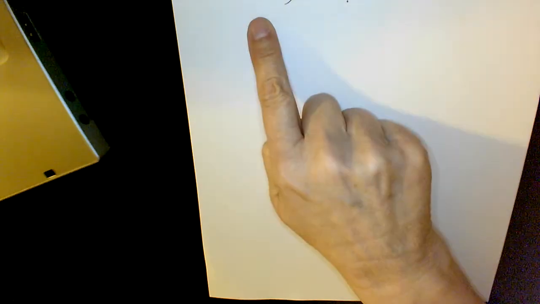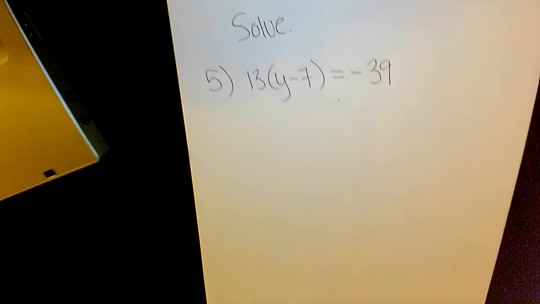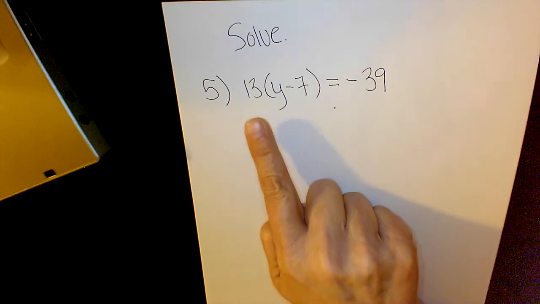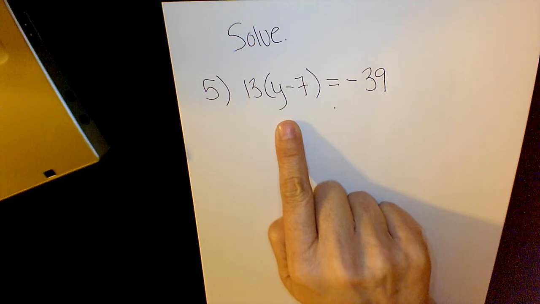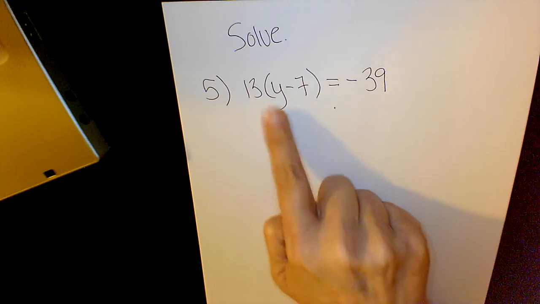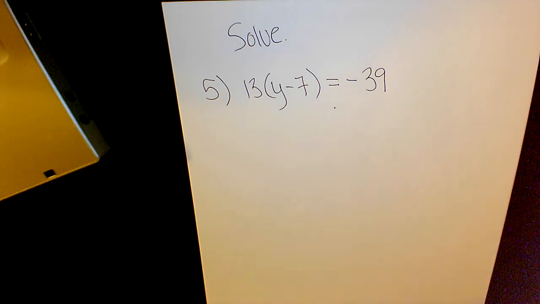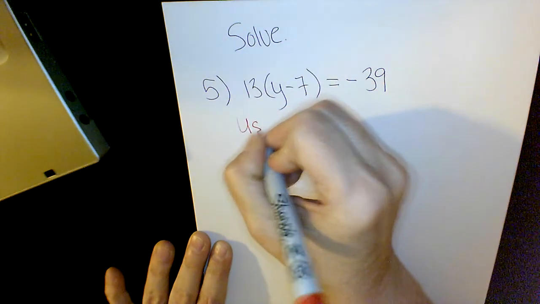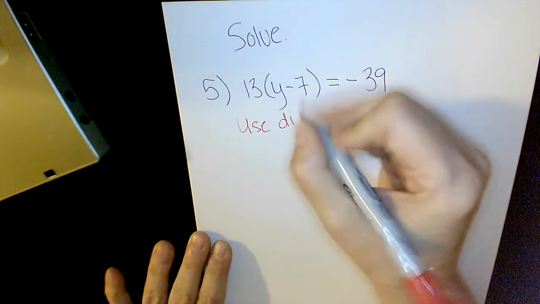I've got 13. Whoops, let me bring this down a little bit. Sorry about that. I want to solve for y. 13 times y minus 7 in the parentheses. So do we remember section 7.3? We want to use the distributive property here, right?